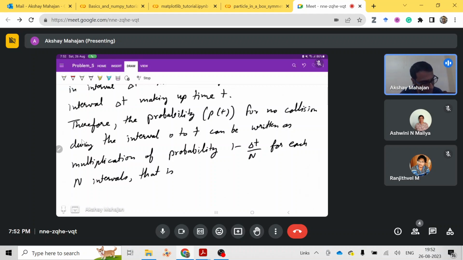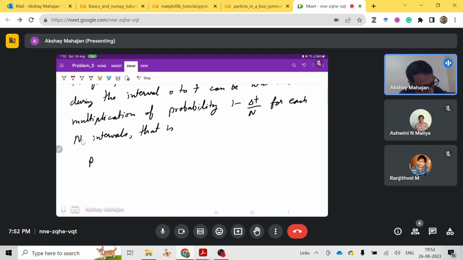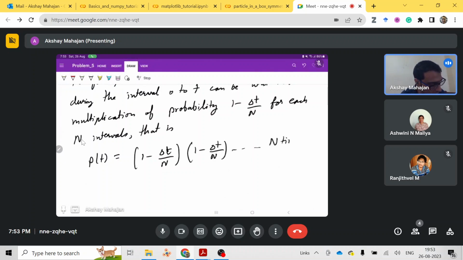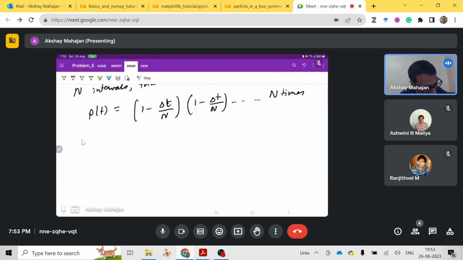So our probability P of t, the probability that there will be no collision from 0 to t, will be given by 1 minus delta t by n, times 1 minus delta t by n, and so on up to n times. So this will be n times multiplication, so P of t will be equal to 1 minus delta t by n, whole to the power n.